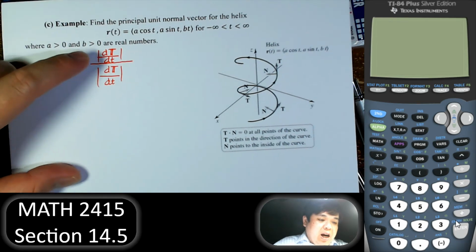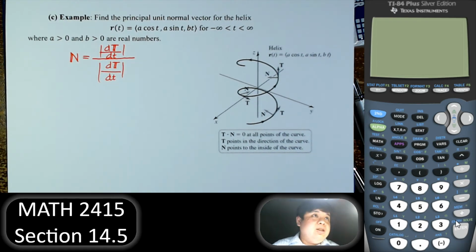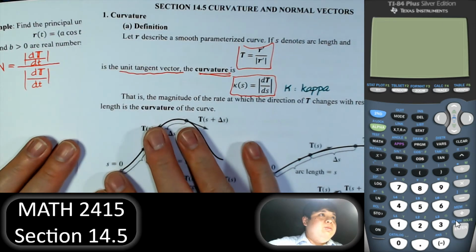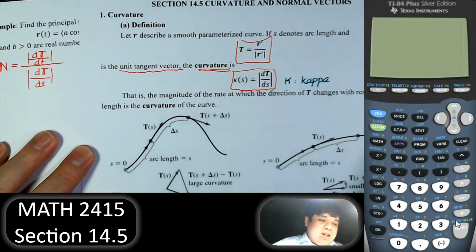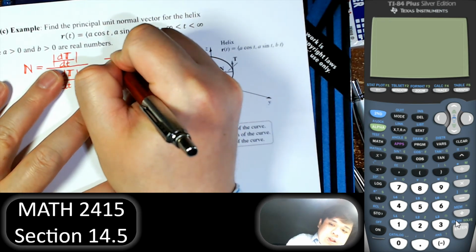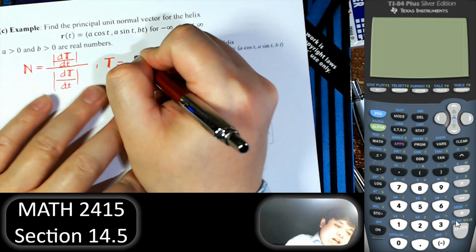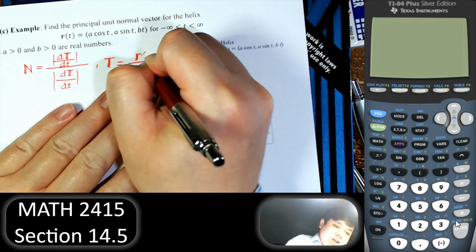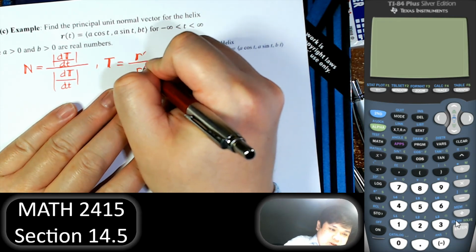Now first, what is the unit tangent vector? Let's write it as the derivative over the magnitude of the derivative.